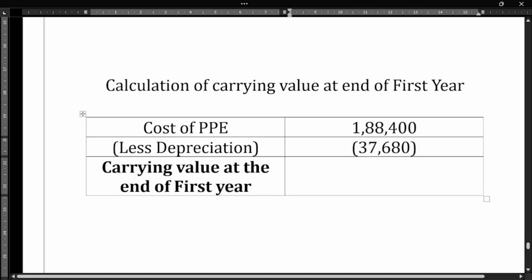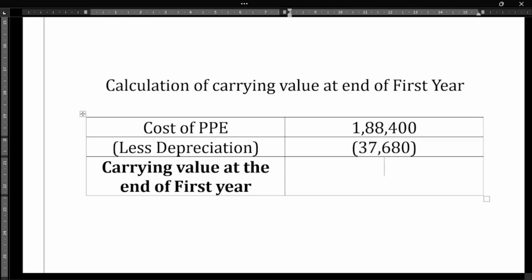So when you subtract 37,680 from 1,88,400, we get the carrying value at the end of the first year, which is 1,50,720. Hope you have understood how to solve this problem.